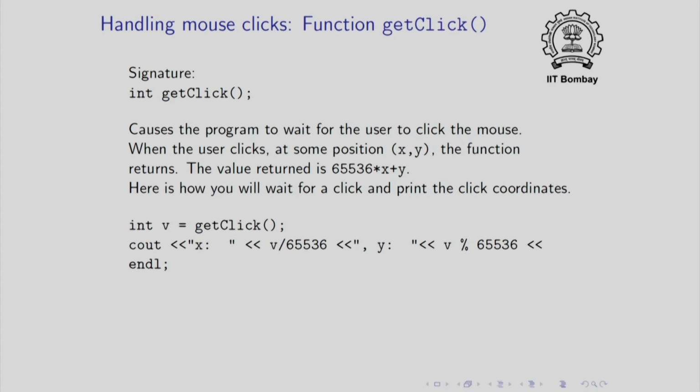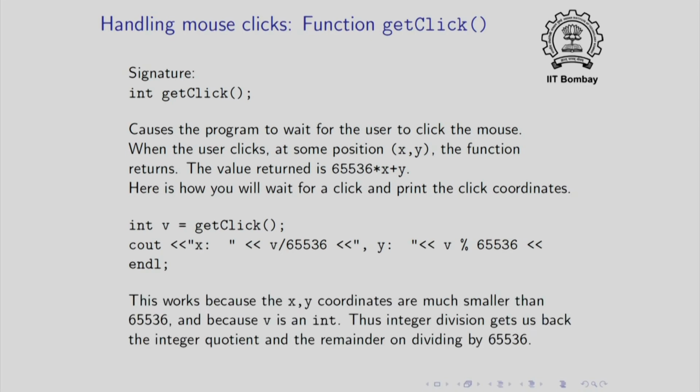So we can print out the x coordinate as is shown. The x coordinate is simply v divided by 65536, and the y coordinate is simply v modulo 65536. As I said, this works because the x and y coordinates are much smaller than 65536.